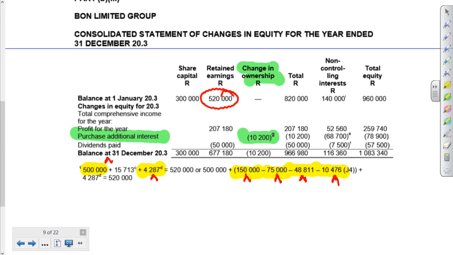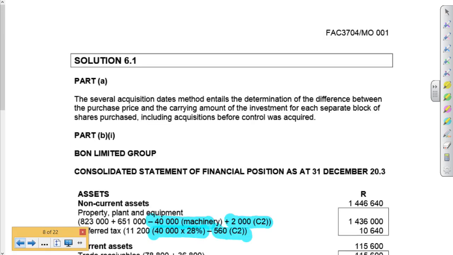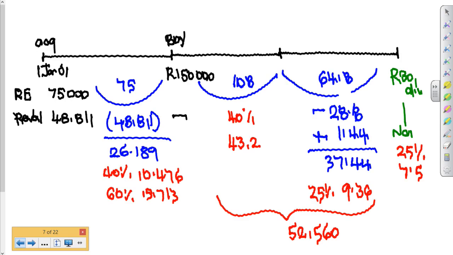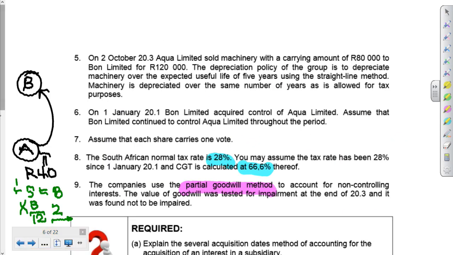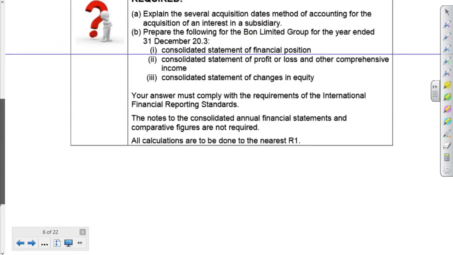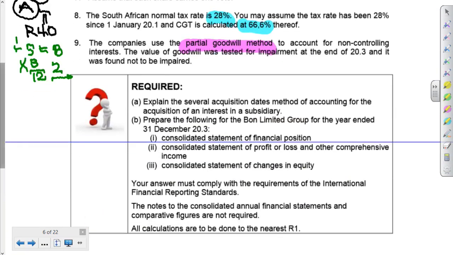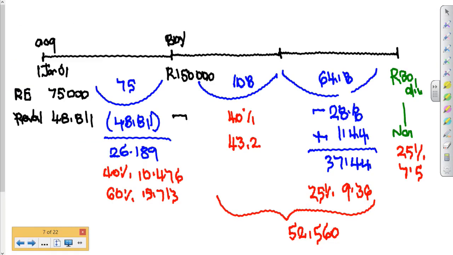NCI, let's go see what NCI is. NCI, my NCI, at beginning of year would be the on AC, the first acquisition, went 129.